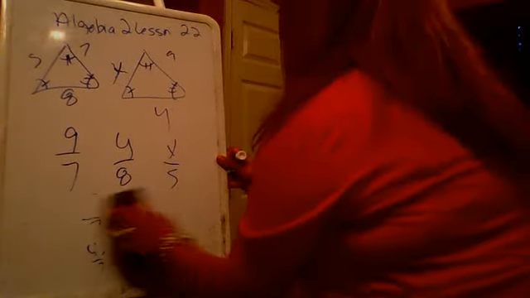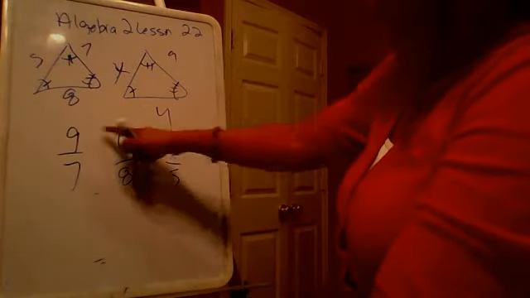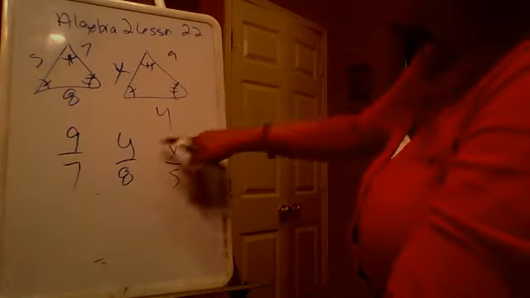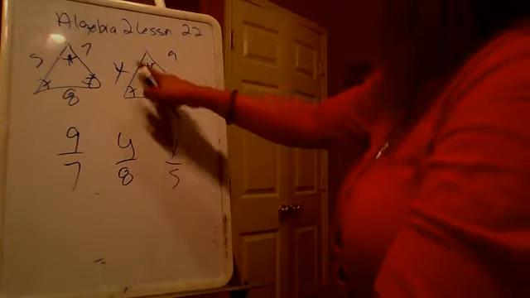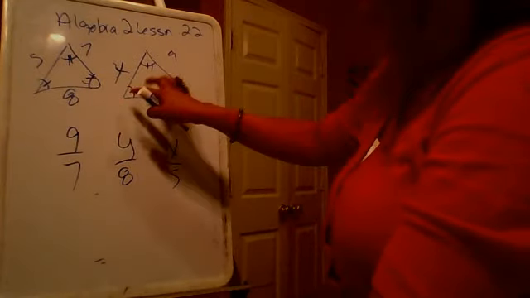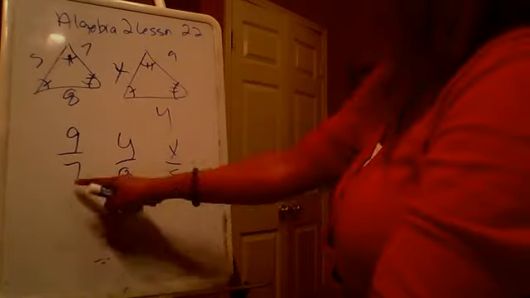We could say, and it doesn't matter, you can put these 2 equal, or these 2 equal, or these 2 equal. As long as you have the same triangle on the top and the same triangle on the bottom. So I've got all the sides of the right triangle on the numerator. Then I have all the sides of the left triangle on the denominator.